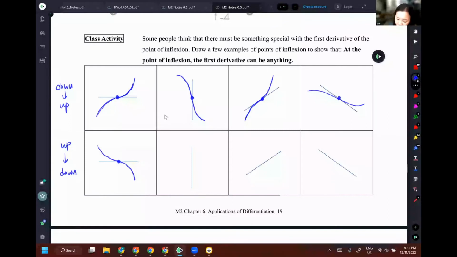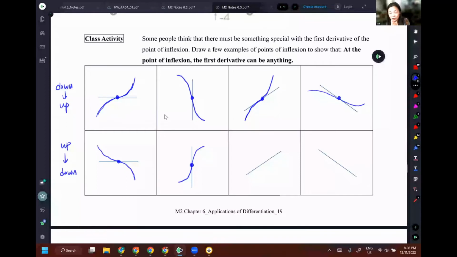The next one. Concave up, concave down, concave up, concave down. It's not drawn well, but I want to make this the tangent at the curve. So concave up, concave down.